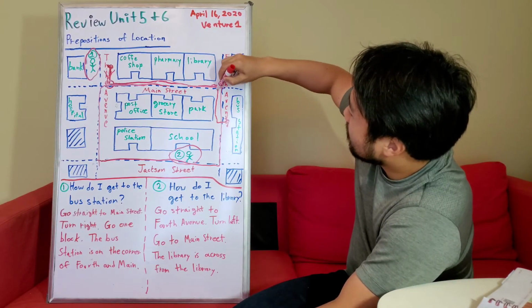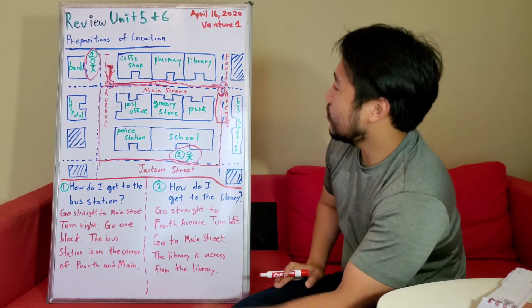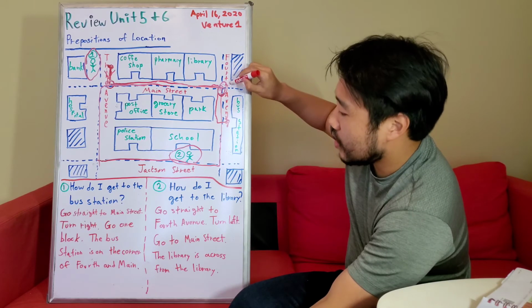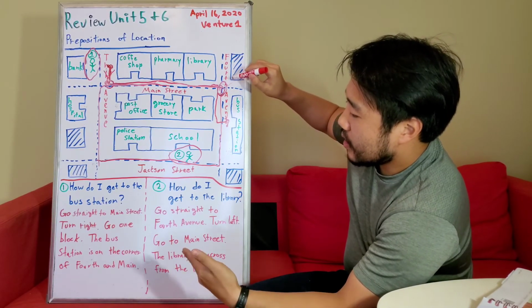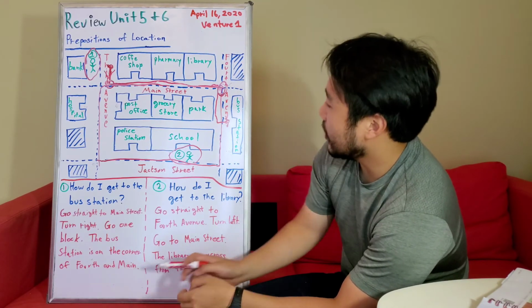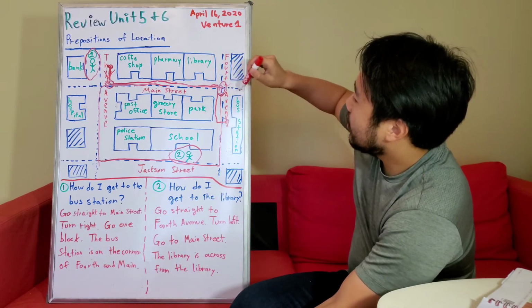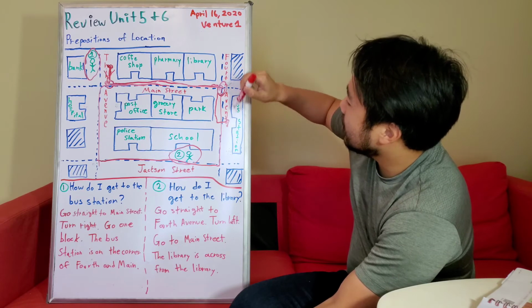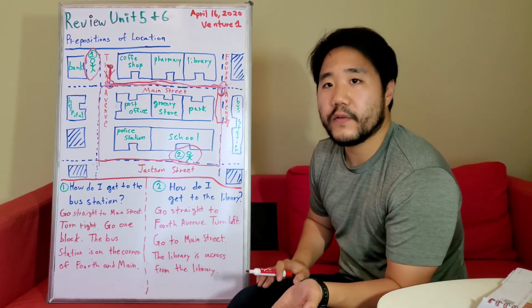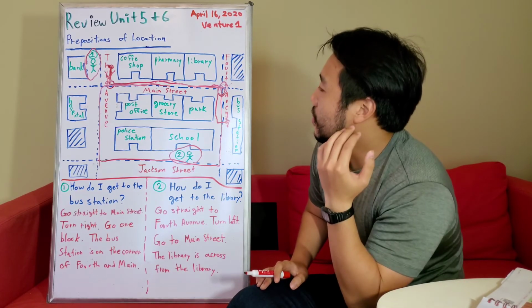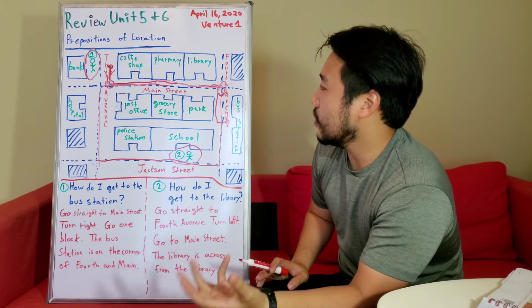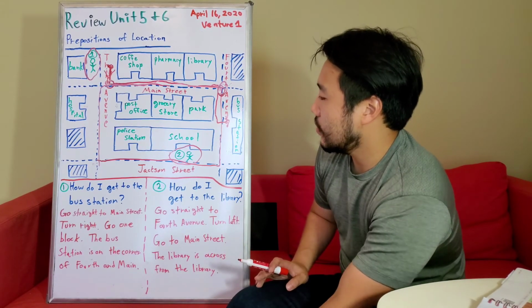Then I'm right there. And from here, what I tell them is the bus station is on the corner of 4th and Main. And the bus station is indeed on the corner of 4th and Main. That will be enough as a direction to tell where the location is.